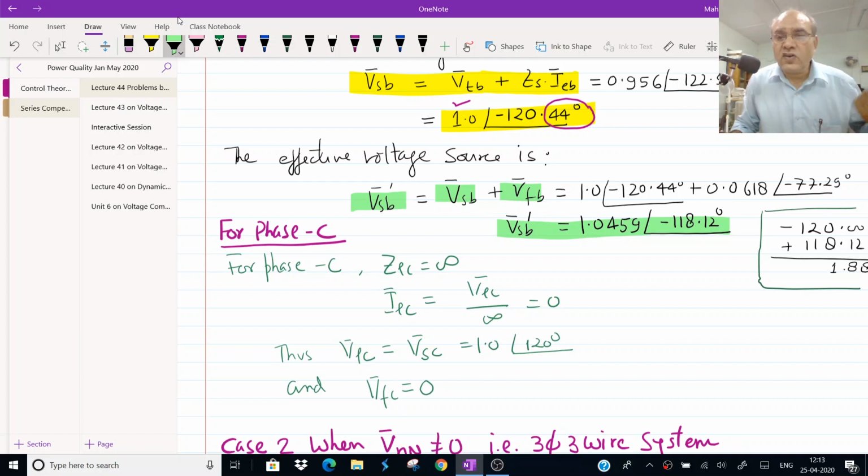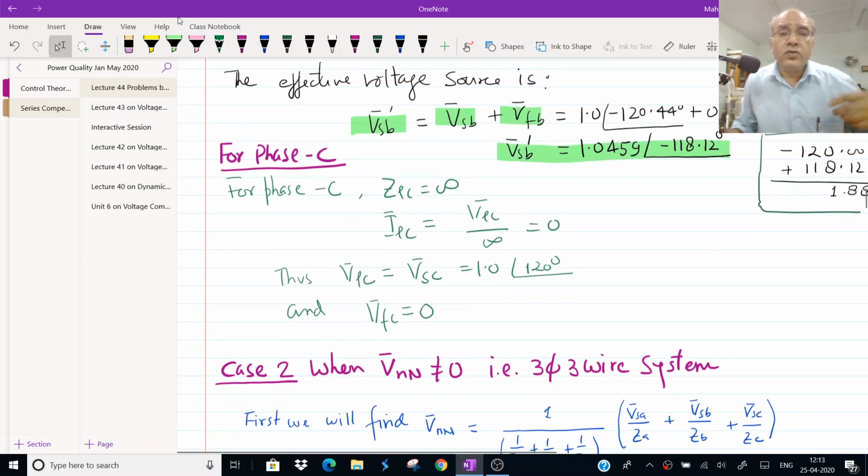Okay, so this is for phase B. For phase C, as you know, the impedance in this load is infinity. It basically means the phase C is open, as you have seen in the diagram of the circuit, and that means ILC is equal to 0.